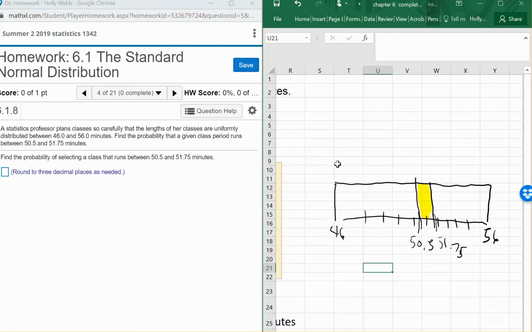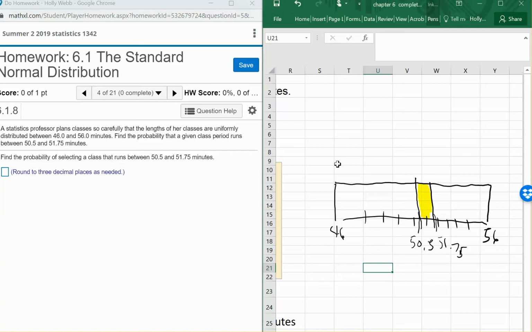In 6.1, it says a statistics professor plans classes so carefully that the length of her classes are uniformly distributed between 46 and 56 minutes. Find the probability that the given class period runs between 50.5 and 51.75 minutes. So I have a rectangle here, a uniform distribution going the length from 46 to 56.